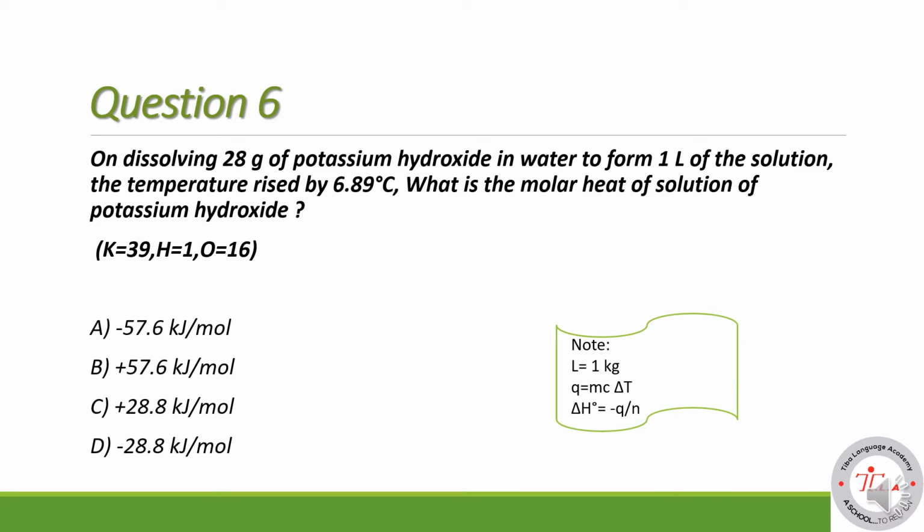The mass is 1. Why 1? Why not 28 grams? Because here we use the mass of the solution, not the mass of the solute only. The mass of the solution is 1 liter, and 1 liter is 1 kilogram, because the solution is a diluted solution.